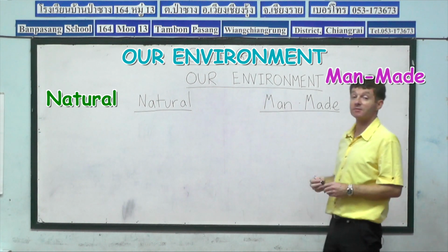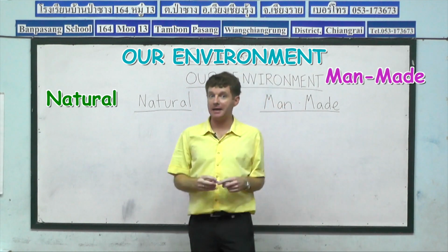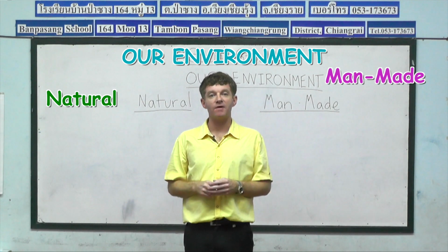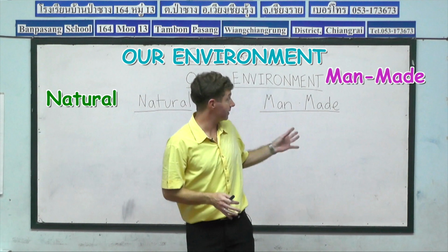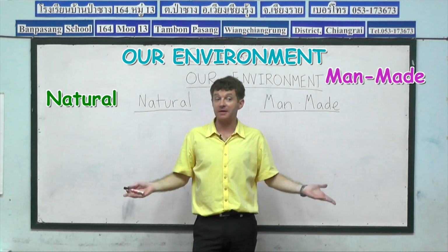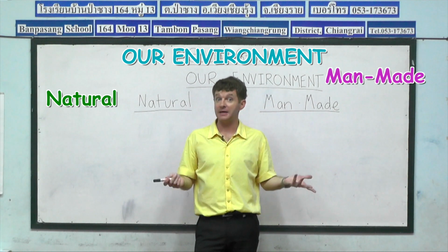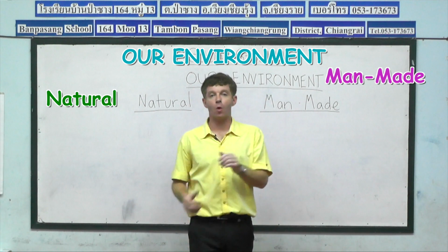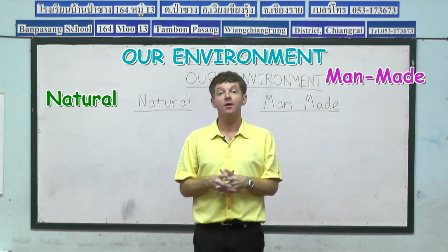So the two types of environment, guys, natural and man-made. Yes, a good example of a natural environment would be a waterfall. And a good example of a man-made environment is this place, school. We had to build this school for it to be here. So therefore, it's man-made.